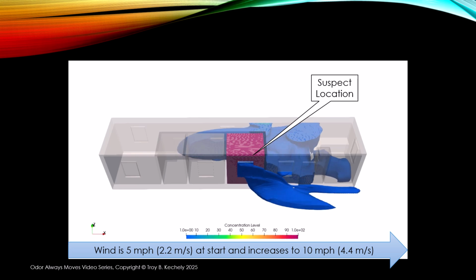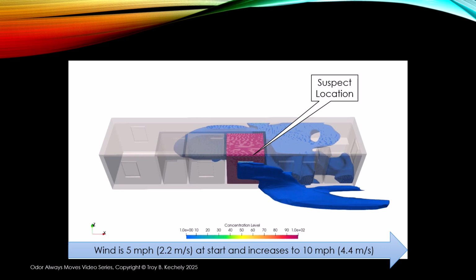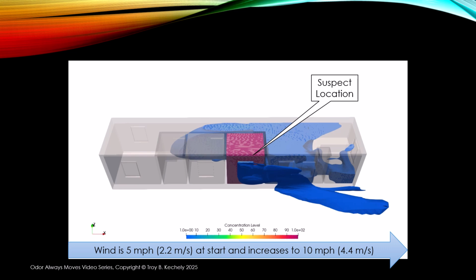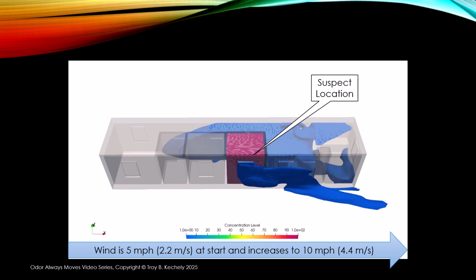And you can see the rest of the trailer house, it's filling up with odor, spreading out as it normally would. But you also see the areas inside, downwind of that room. There's more turbulence in that area because there's that open window just downwind of that room. And so you see some movement in there.